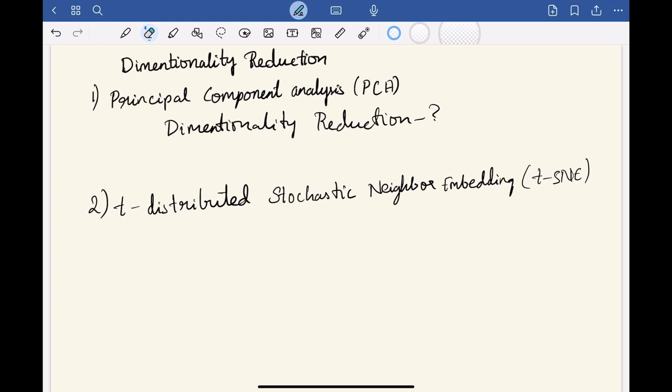Here, the hyperparameters in t-SNE are the perplexity, which determines the number of nearest neighbors considered during the optimization, and the early exaggeration, which controls the spacing between natural clusters in the embedded space.